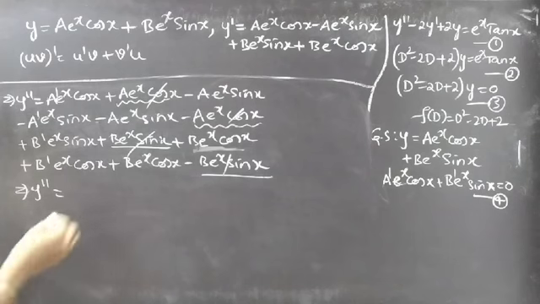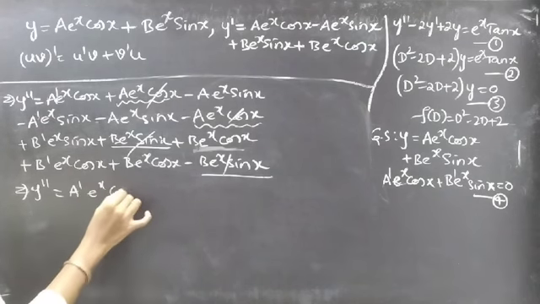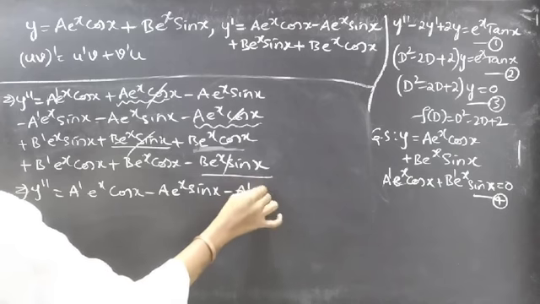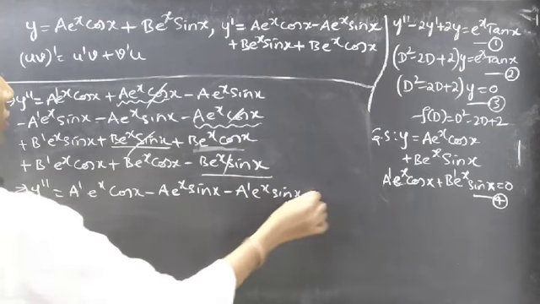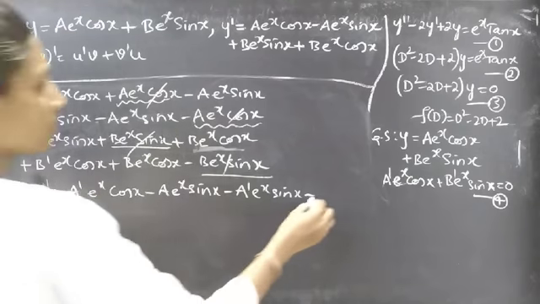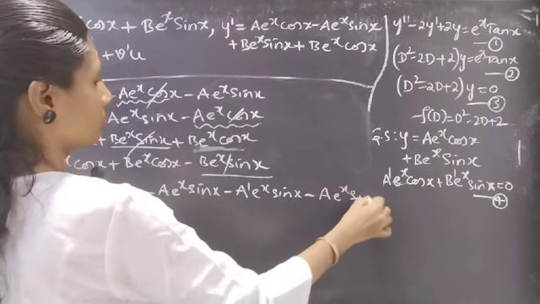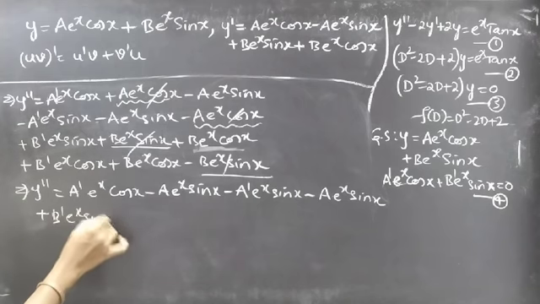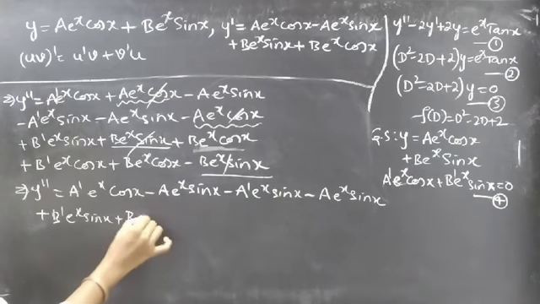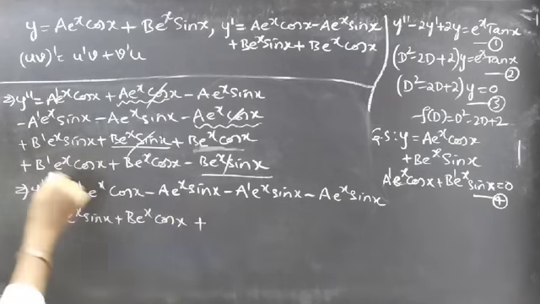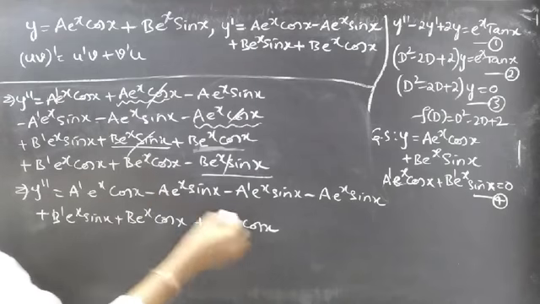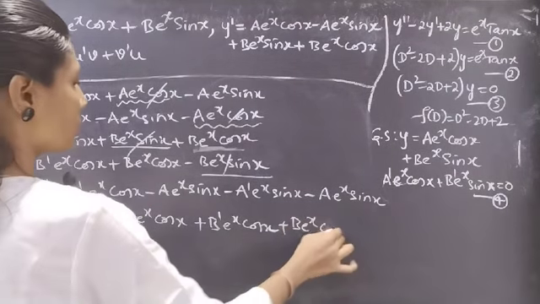Then y double dash results to a dash e power x cos x minus a e power x sin x minus a dash e power x sin x minus a e power x sin x plus b dash e power x sin x plus b e power x cos x plus b dash e power x cos x plus b e power x cos x.